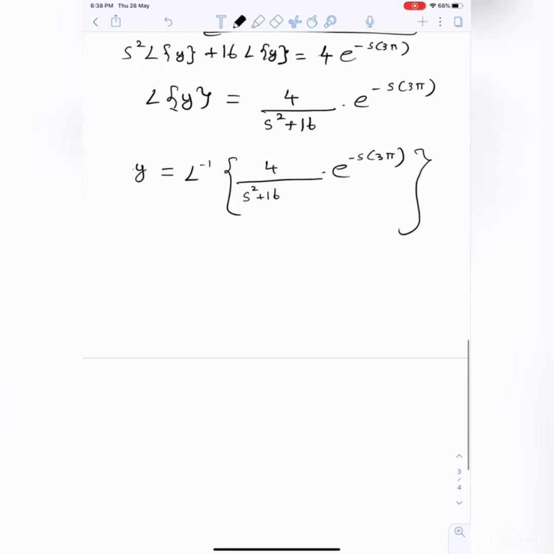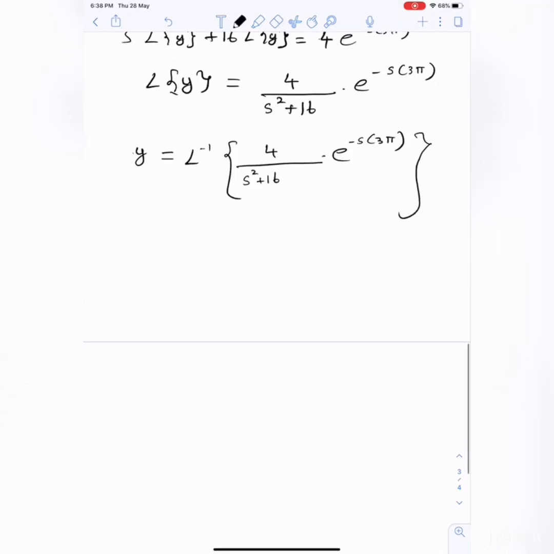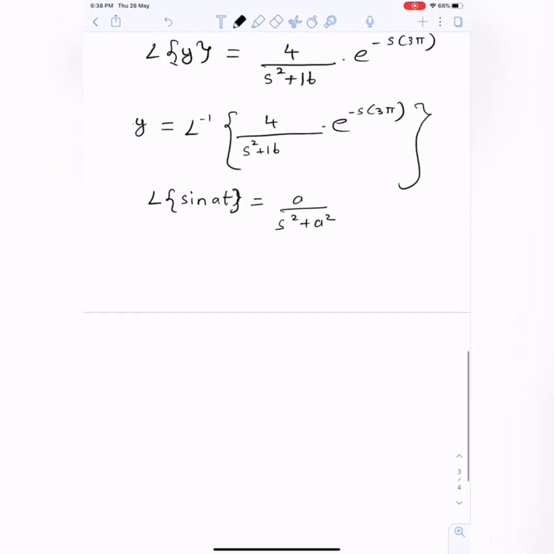Okay, so how to solve this? Now I'll write another formula where we know that Laplace of sine of at is equal to a by s square plus a square. So if you consider a to be equal to 4, now this term here looks very familiar.